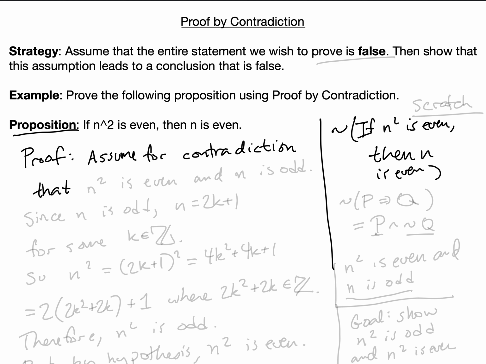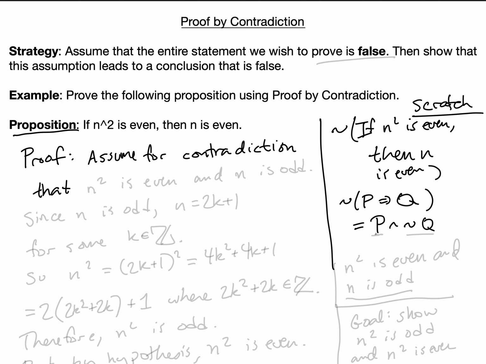This is our scratch paper over on the side. It's not part of our proof, but we want to negate that statement, assume that statement is false. Just in general, recall that the negation of a statement P implies Q is P and not Q. What does it mean if P implies Q is false?